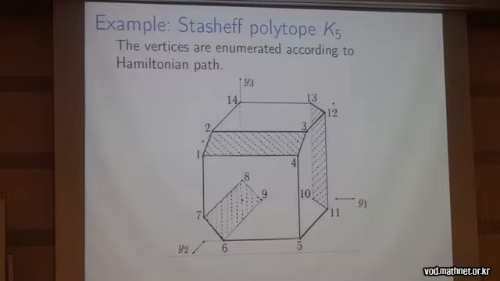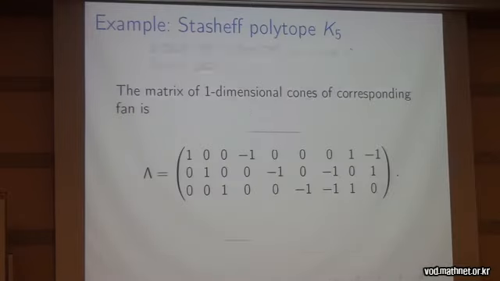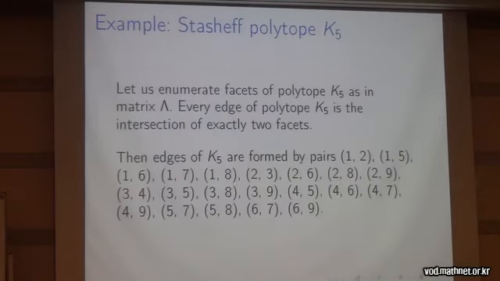And we actually had to consider the example of the Stasheff polytope to show that it is possible to decrease the number of monomials. Here is the polytope. Here is the matrix of one-dimensional cones of our fan. And if we enumerate facets as in this matrix, then every edge is formed by these pairs.